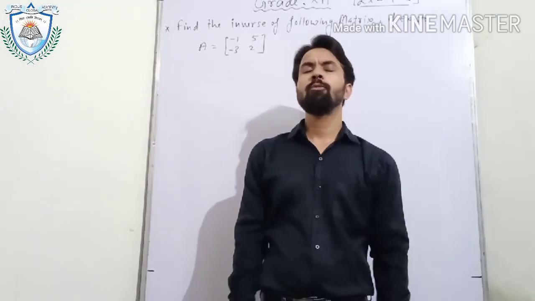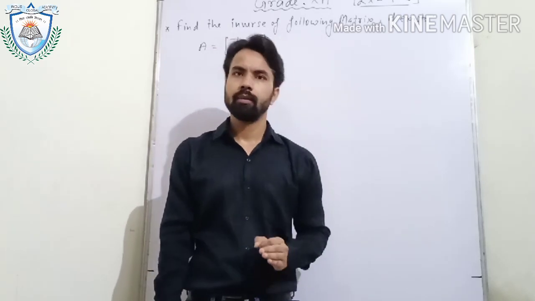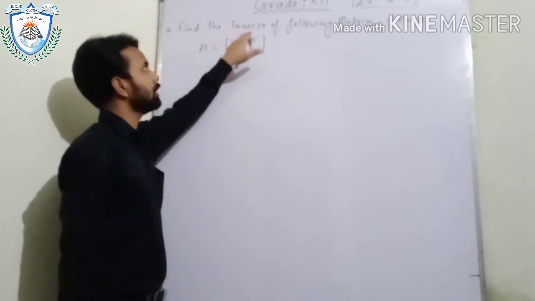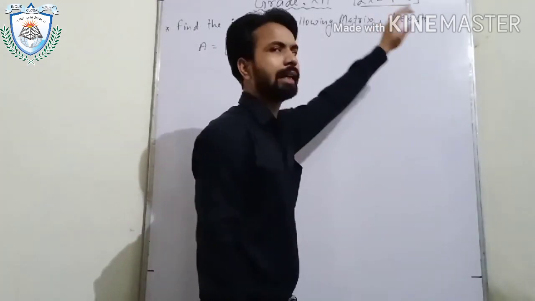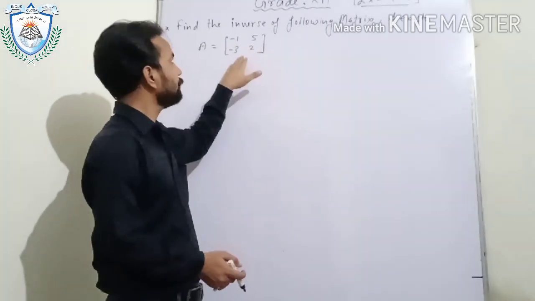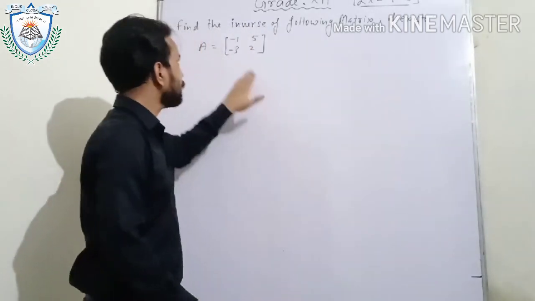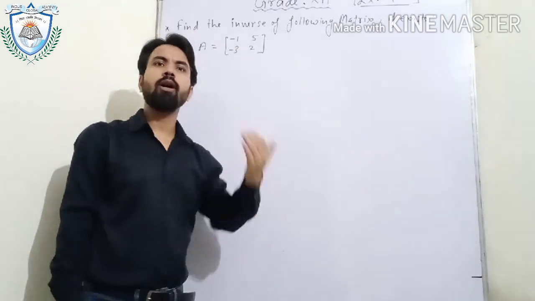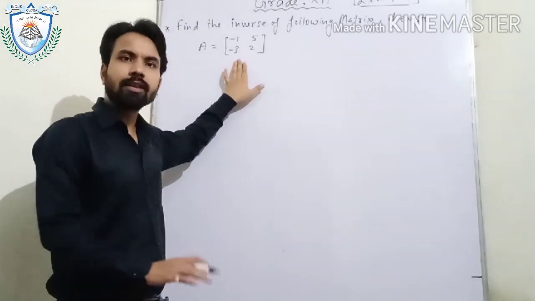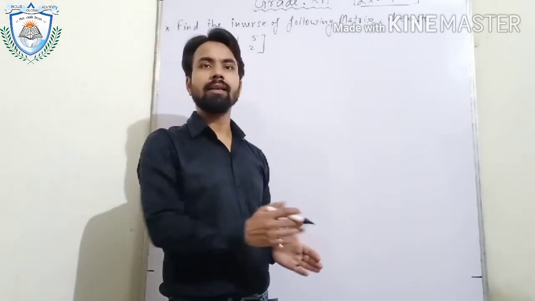Okay students, now I am going to explain how to find the inverse of a matrix. Clear? So our next question is, find the inverse of the following matrix if it exists. Here first of all we will have to check if this given matrix is invertible or not. Invertible means the inverse of this matrix exists. So how can we identify whether the inverse exists or not?